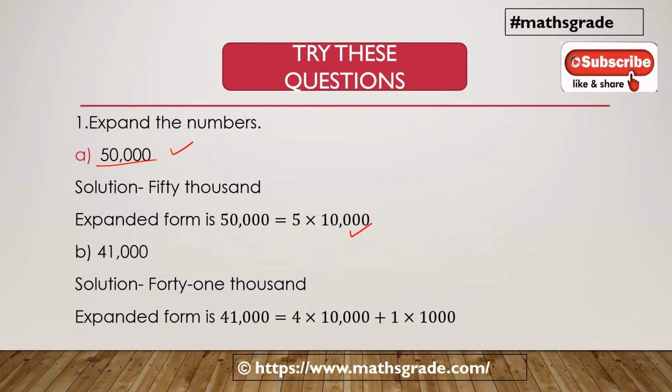So expanding the number 50,000, we get 5 multiplied with 10,000.